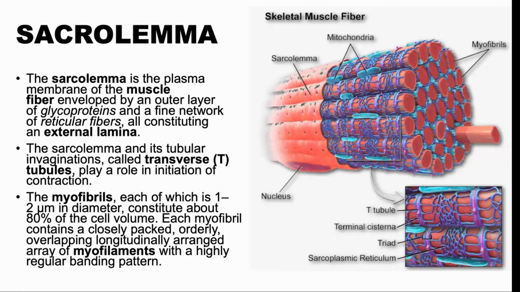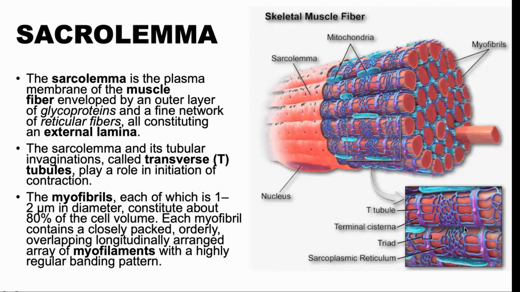The nerve terminal will release vesicles of acetylcholine, and this will bind to a receptor. When it binds to the receptor on the sarcolemma, it will result in the influx of sodium within the T-tubule. So the sodium goes into the T-tubule, that invagination, and when it goes into it, it basically stimulates the action potential, where the sarcoplasmic reticulum, this one down here, will release the calcium.